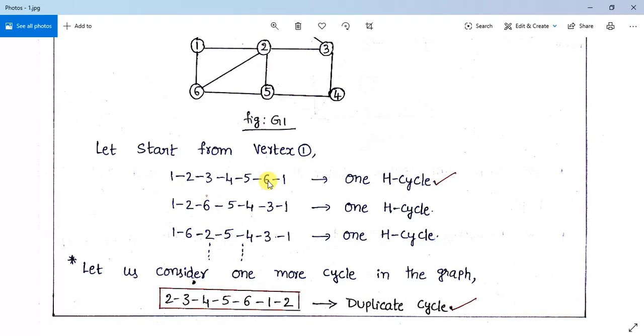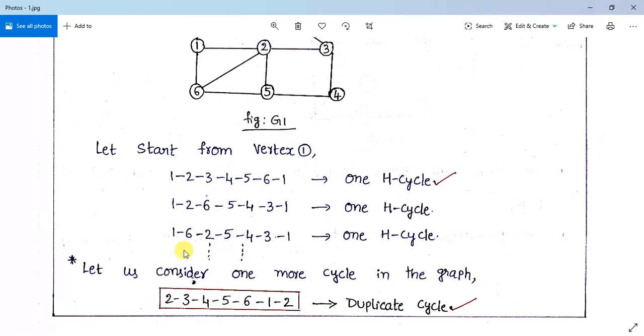Okay. So here one important thing you should notice: in order to avoid duplicate Hamiltonian cycles, we are going to follow one convention. You have to take the starting vertex as a fixed one. You should not change the starting vertex. If you change the starting vertex, then there may be a possibility of getting duplicate cycles from the graph.